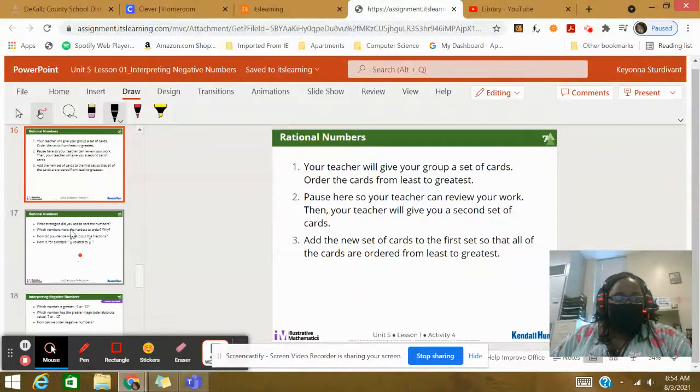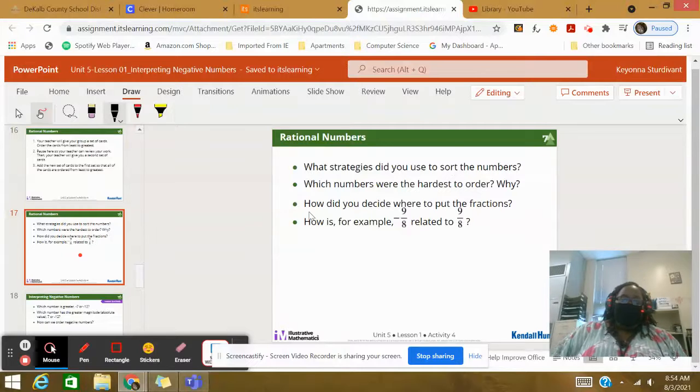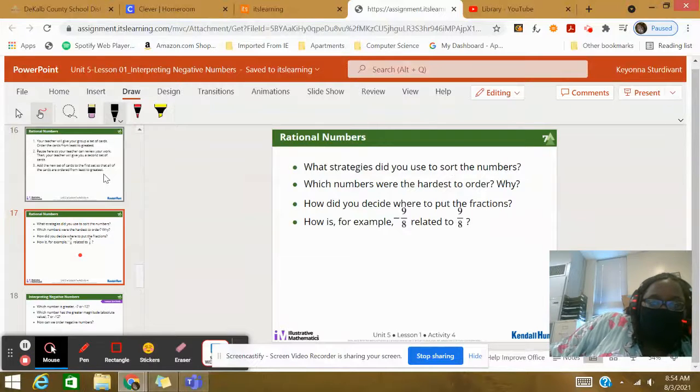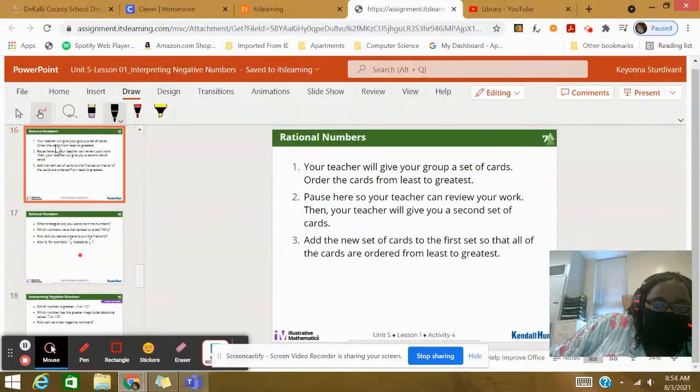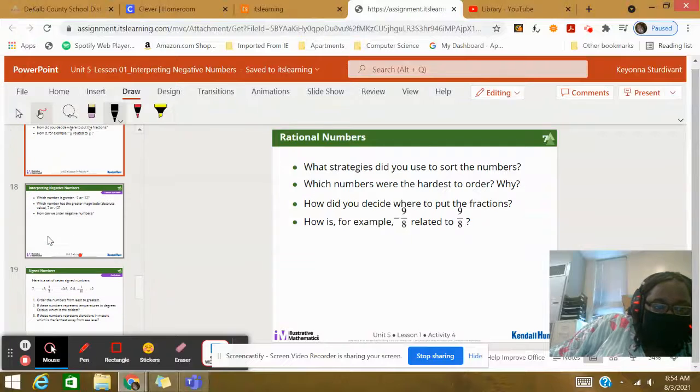All right, looking at the next slide. Again, you can ignore this one as well. It's again asking about the solar card, so we're not doing this particular activity. So these two that are asking about the activity, we're not actually going to do.